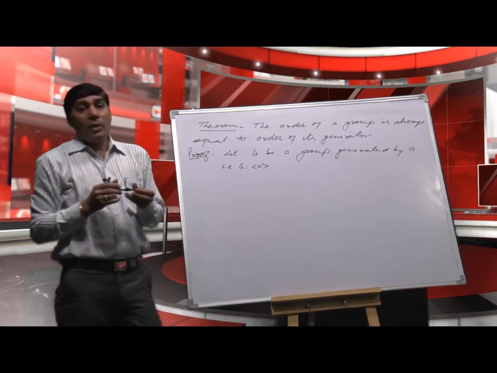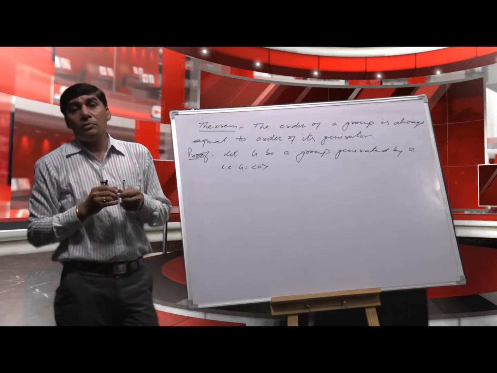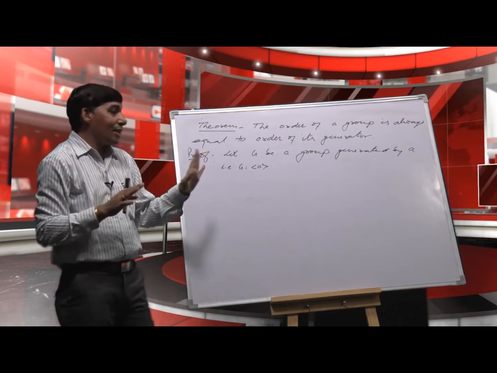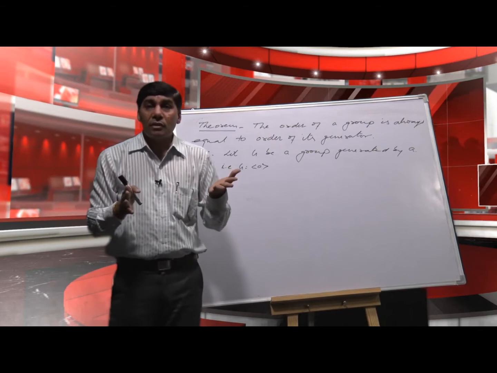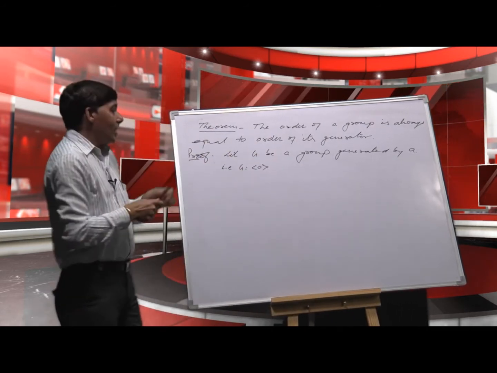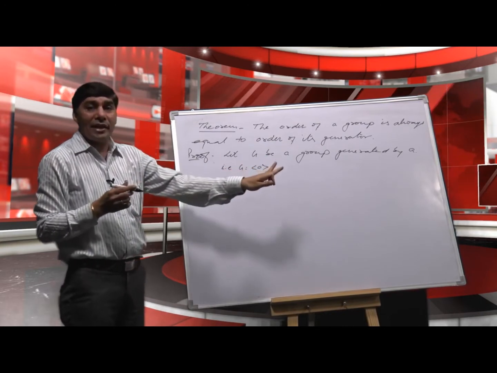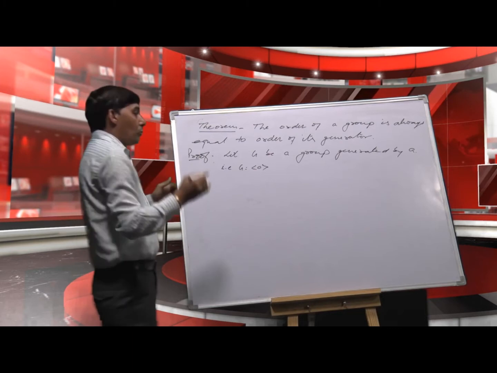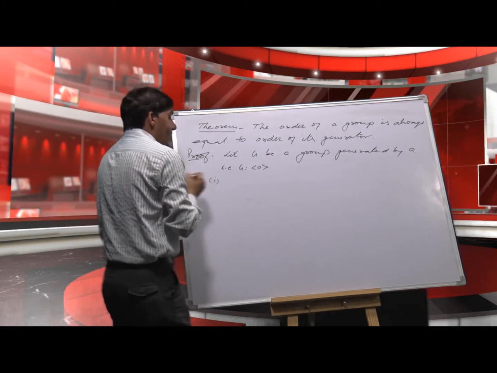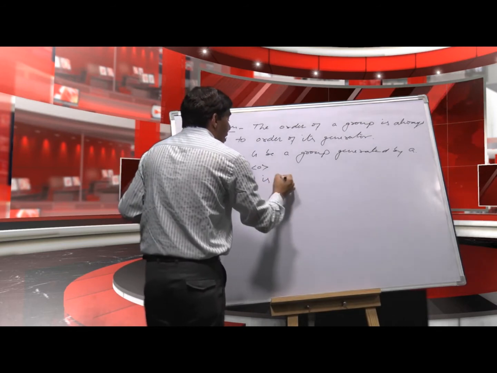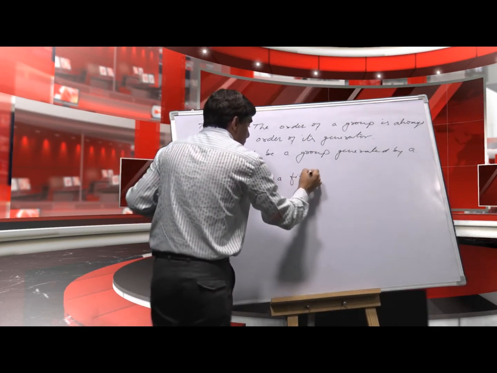Now G may be a finite group or an infinite group. It is not mandatory that every cyclic group is finite. A cyclic group may be finite or infinite. So first we take the case that G is a finite group.